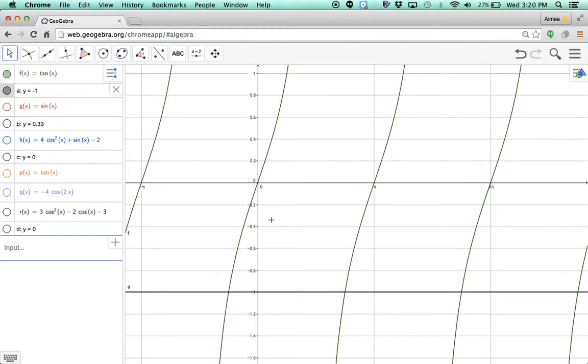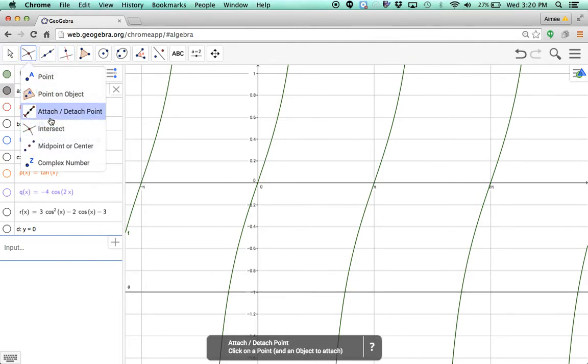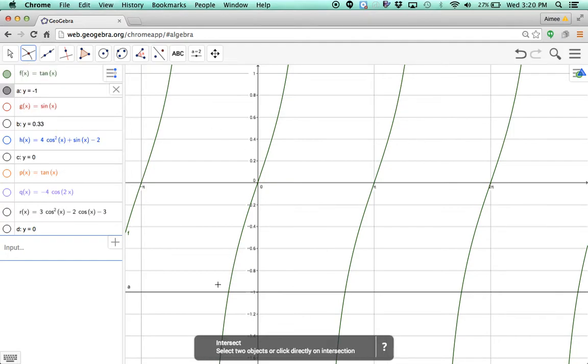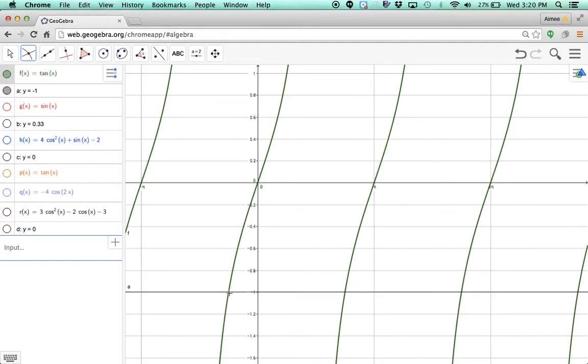Okay. And if we find one solution to that, so that would be finding the intersection, then we can see that that intersection happens at -0.79, -1, which is approximately -pi/4 there.